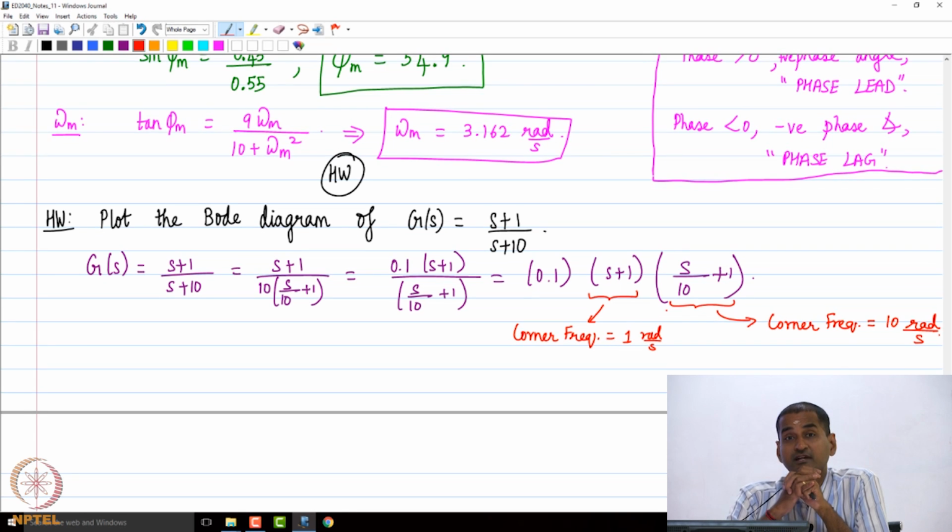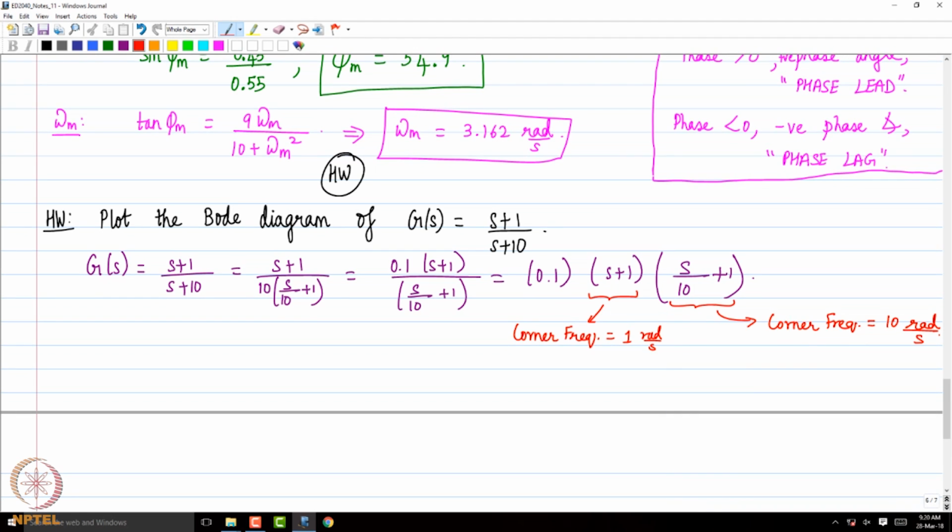So, when you use a logarithmic scale, where is 3.162 going to be? Let us say you use a logarithmic scale for omega. So, you have 10 and 1, where is it going to be? Midpoint, right. So, exactly why? Because if you want to essentially do 1 times 10, you take the log to the base 10.